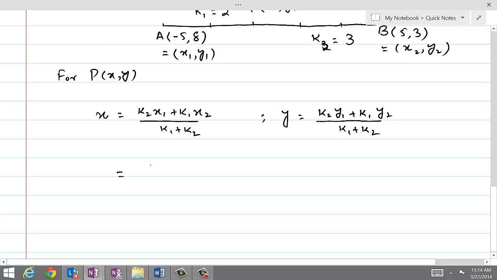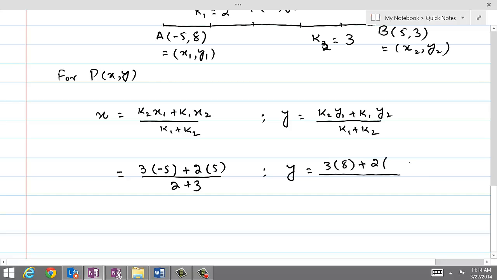K2 is equal to 3, so 3 times minus 5 plus 2 times 5 divided by 2 plus 3, and y would be equal to 3 times y1, which is 8, plus 2 times 3, K1 times y2, over 2 plus 3 again.